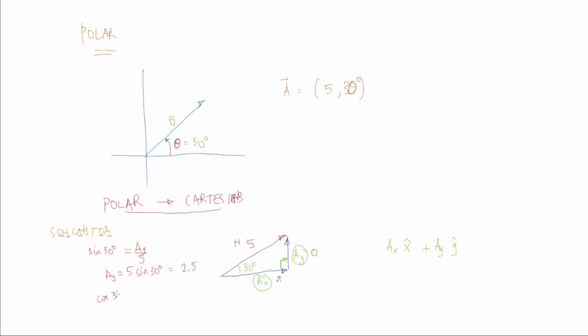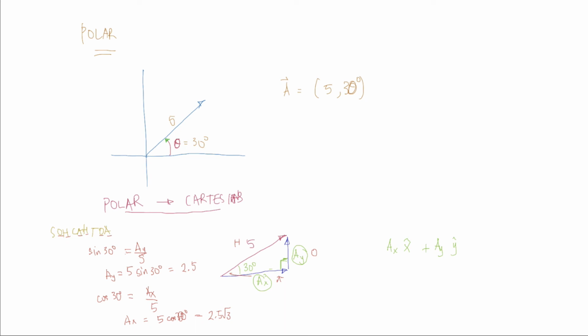And if I take the cosine of 30 degrees, I'm going to get the adjacent side, which is a sub x, over the hypotenuse, which is 5, so a sub x is 5 cosine 30 degrees, which is 2.5 root 3.